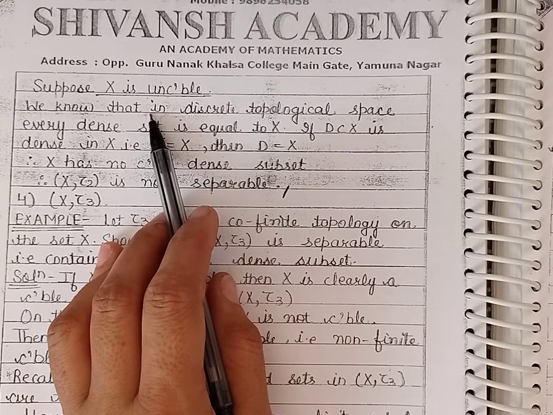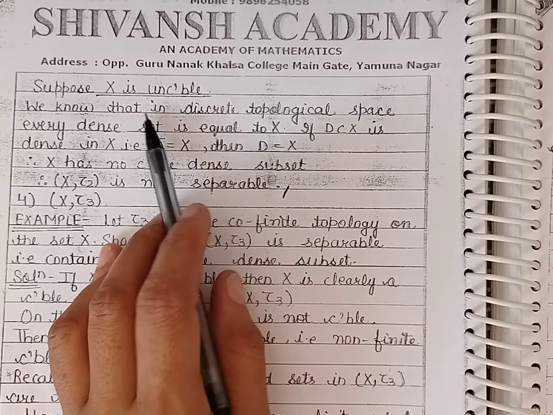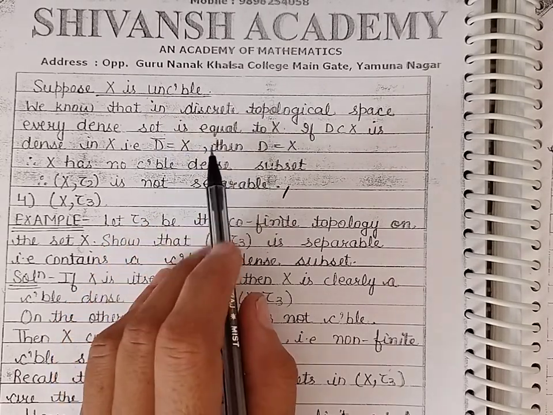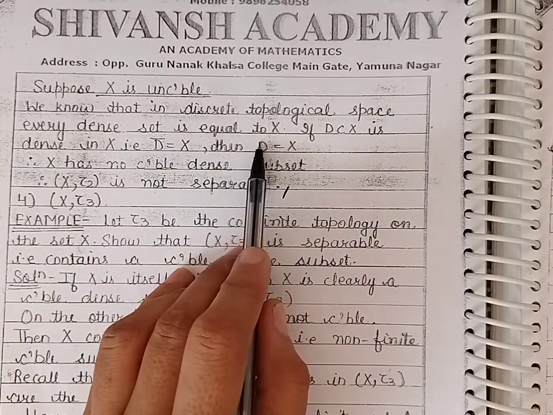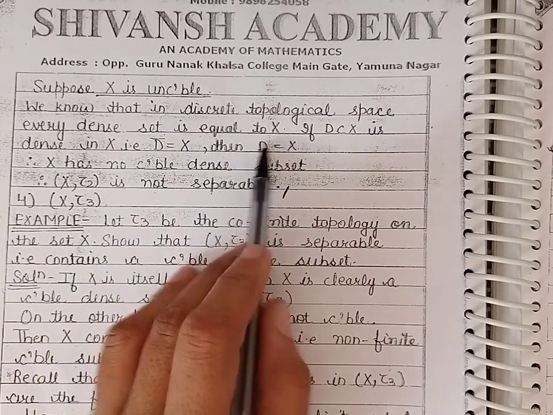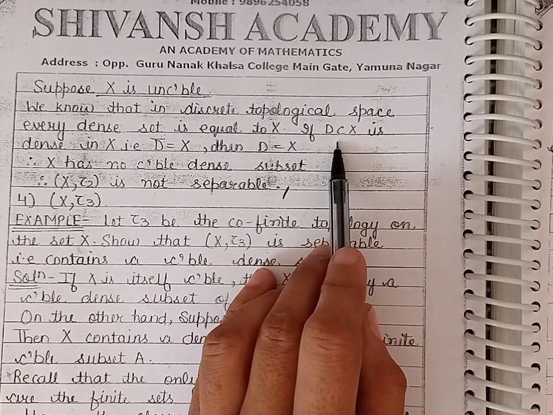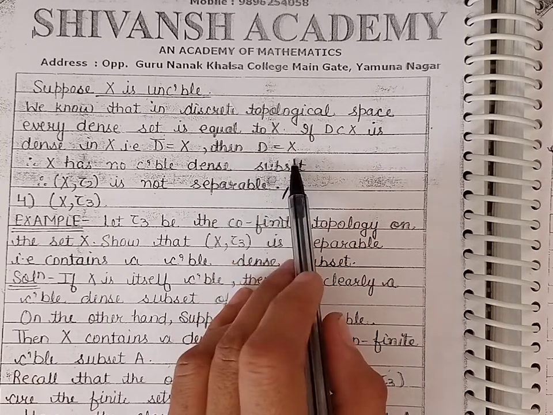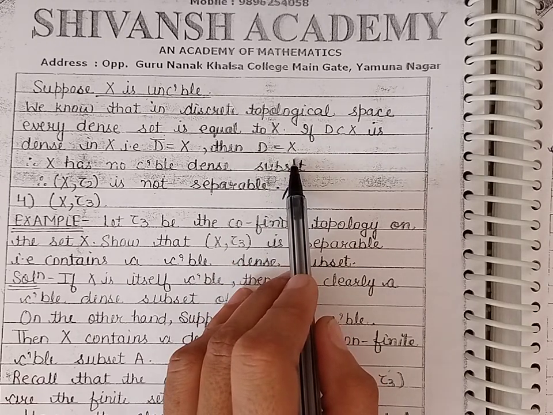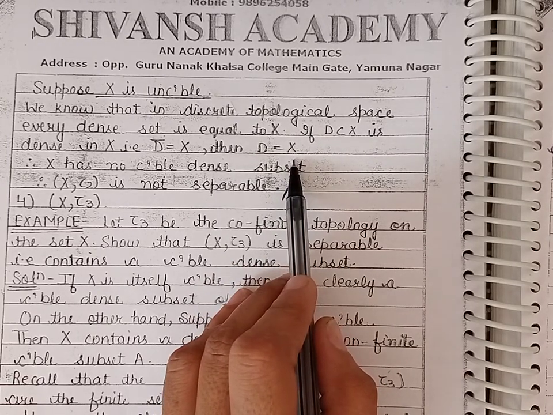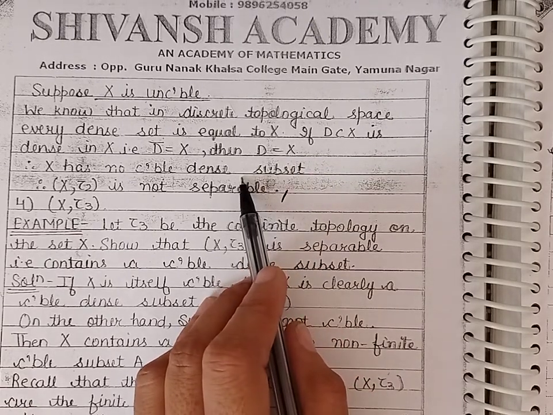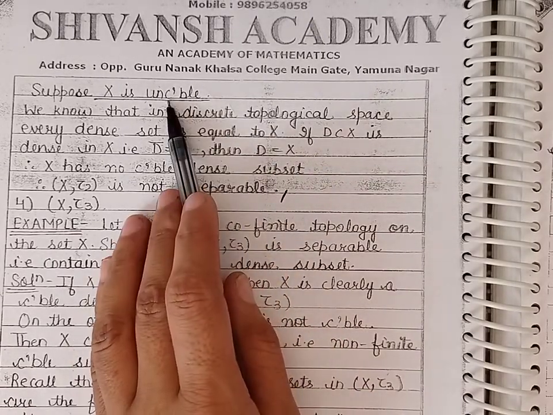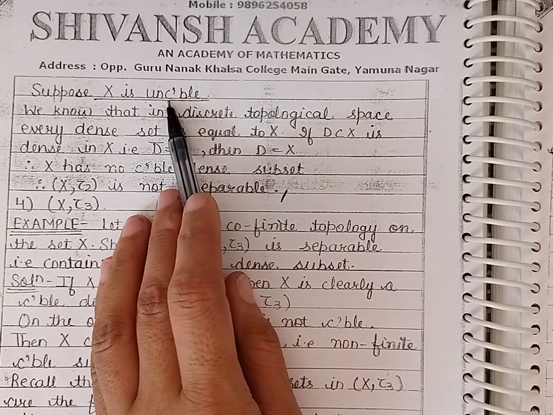When X is uncountable, because in a discrete topological space every dense set is equal to X, it means if D is a dense subset of X, then that will be the same as X. It means X has no countable dense subset in this case, because X is uncountable here.